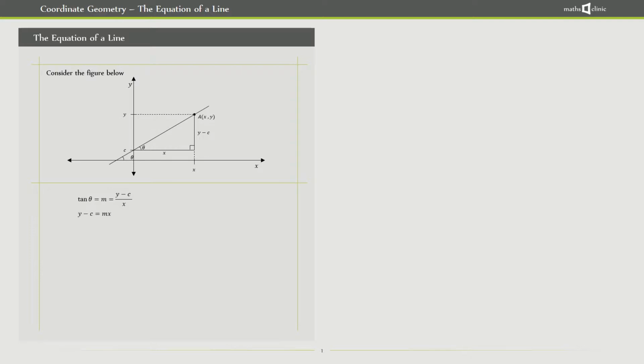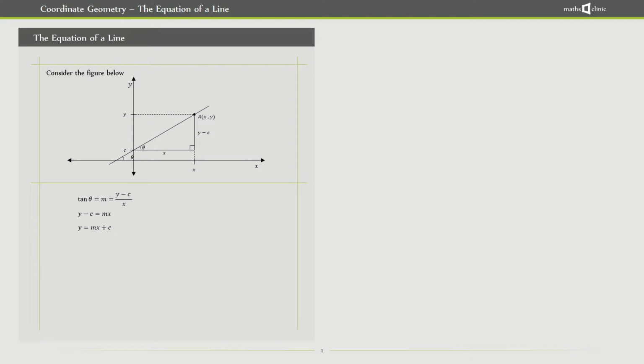When I cross multiply, what I have is very simple: y minus c equals mx. I'll bring c over to the other side, and what I have is y equals mx plus c, and that is the general form of the equation of a line.